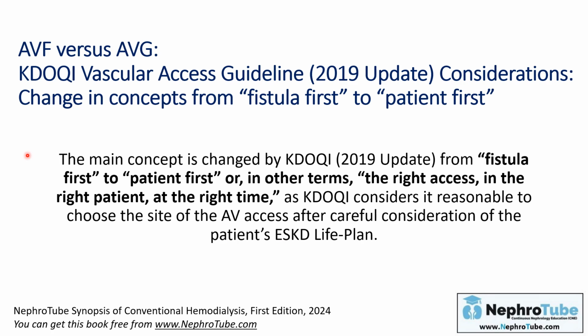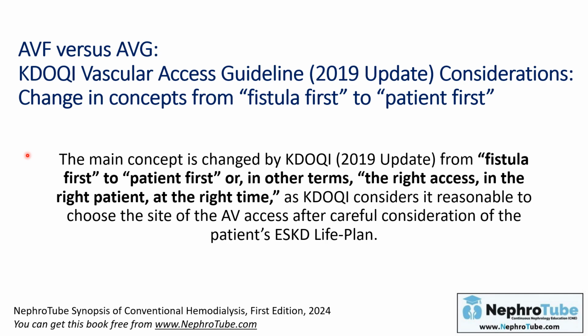I will mention a small example before going through details. If you have a patient with terminal malignancy, metastasis, and life expectancy less than 1 year, and you diagnosed him as end-stage kidney disease, should you make an AV fistula in this patient?